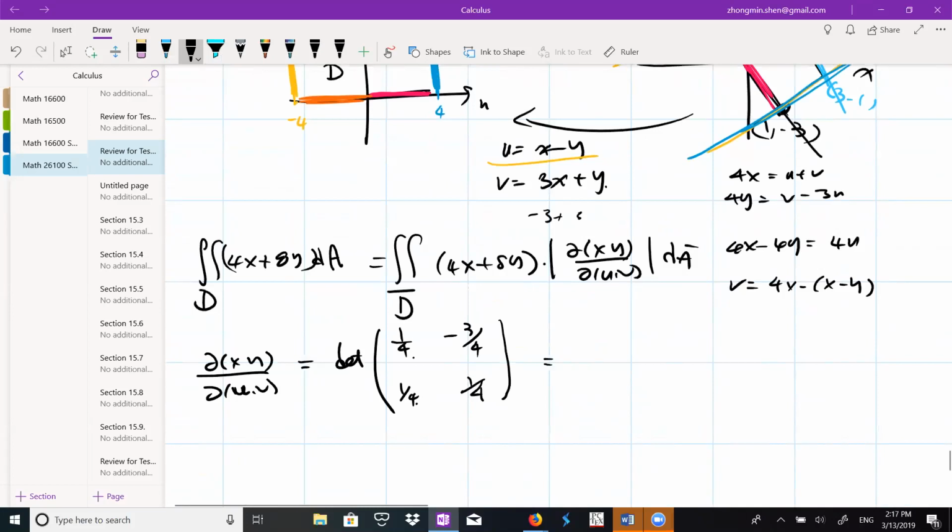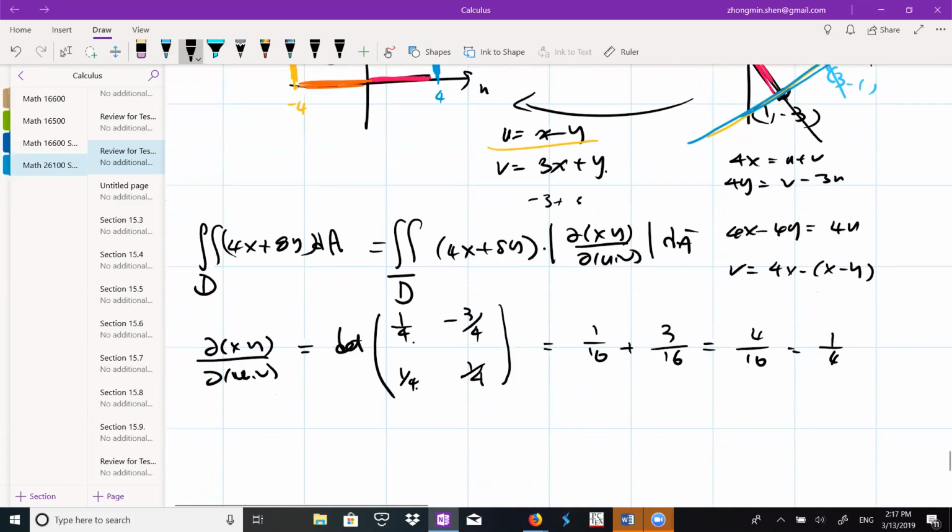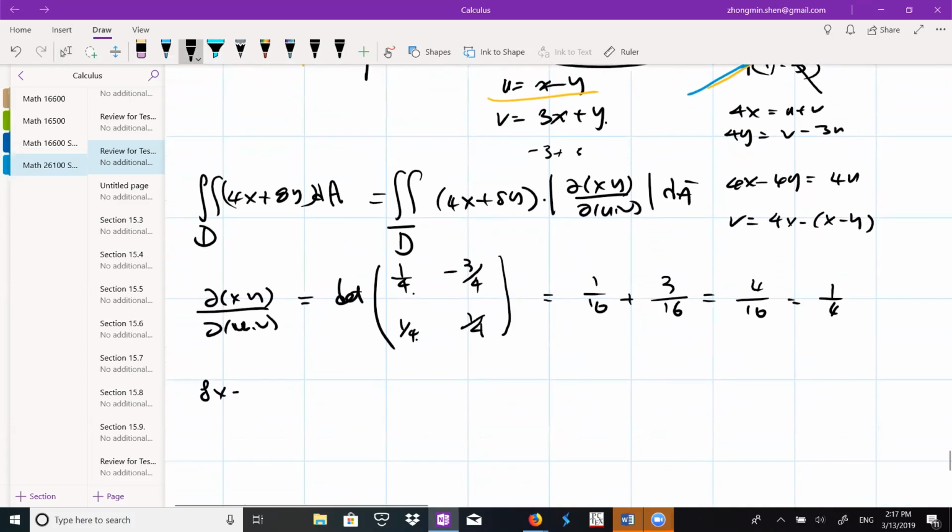So the determinant is going to be 1/16 plus 1/16, so it's going to be 1/8. Then 4x plus 8y is going to be u plus v plus twice of v minus u... because 8y.